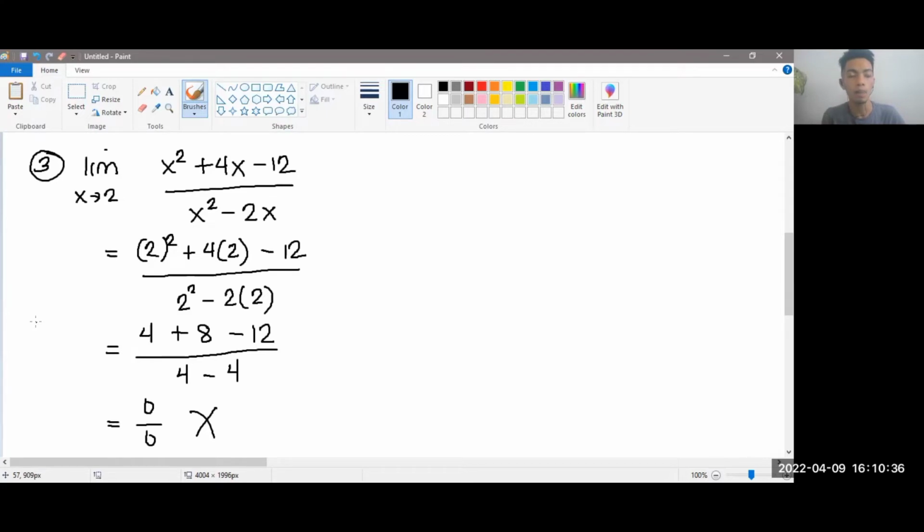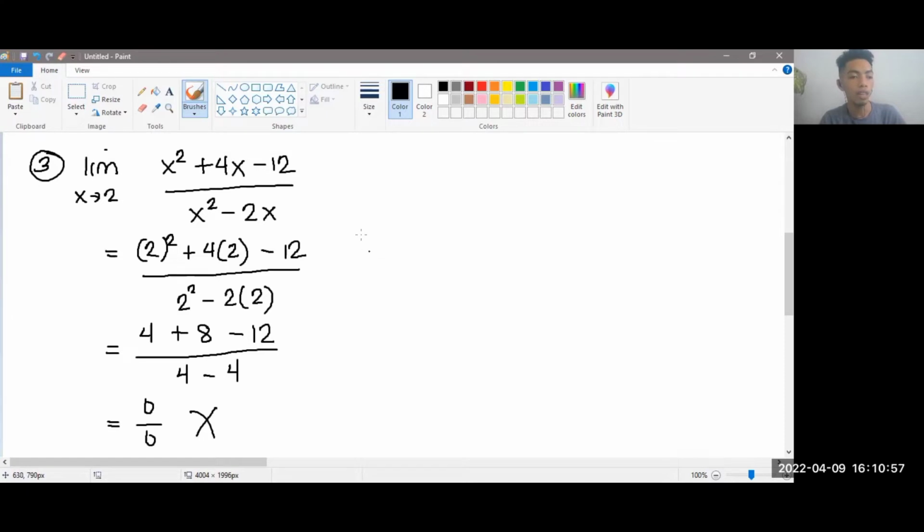Kaya lang, upon direct substitution, naging indeterminate siya. So, ang isang way kung paano natin maaalis ang pagka-indeterminate is ia-apply natin yung simplifying rational expression.